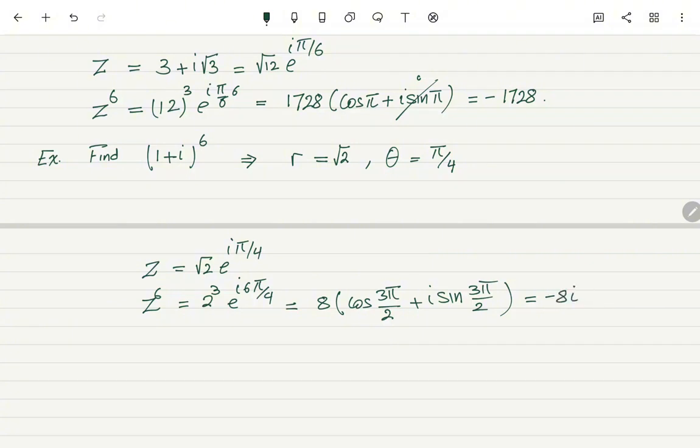Now in this case, the real part for z to the power 6 equals 0, and the imaginary part for z to the power 6 is equal to minus 8.